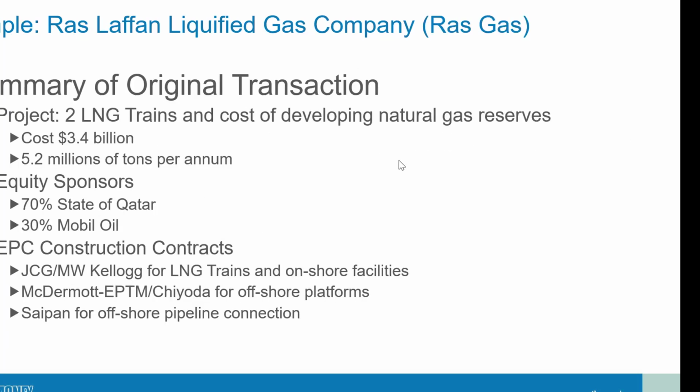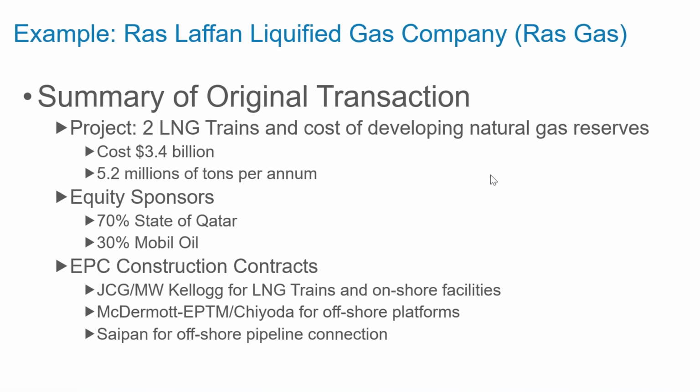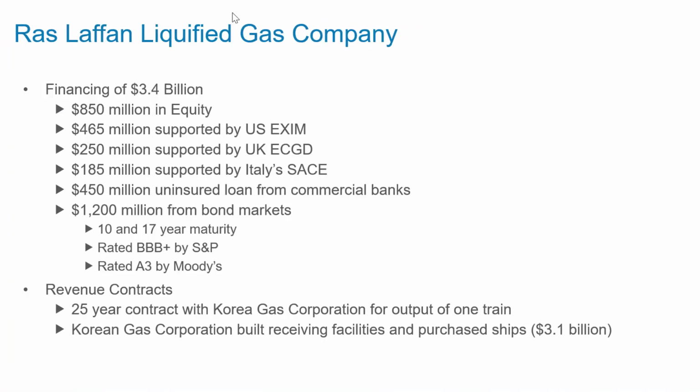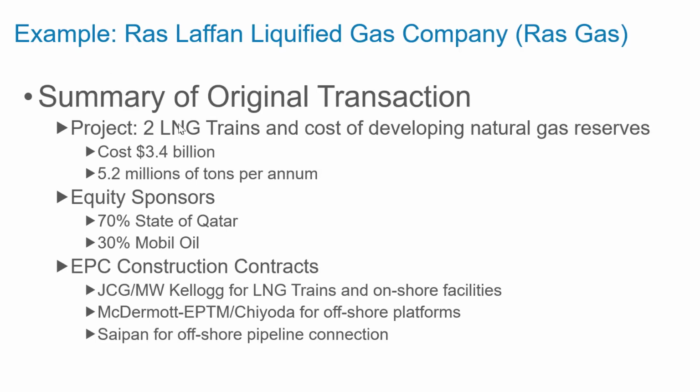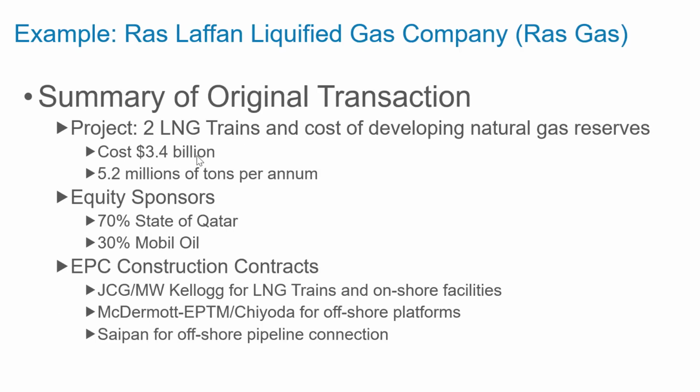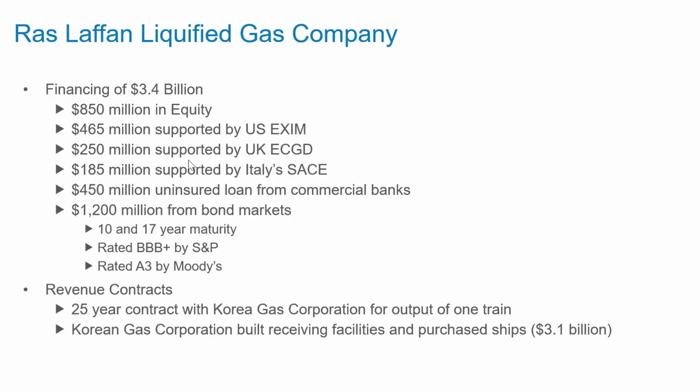So they spent 3.5 billion, and that's how many tons? 70% Qatar, 30% Mobil Oil. There were the construction contracts. They were able to raise all of the cost. This is like the uses of funds, and then the sources, and they were able to get it because there was some equipment from the UK and the US and Italy.